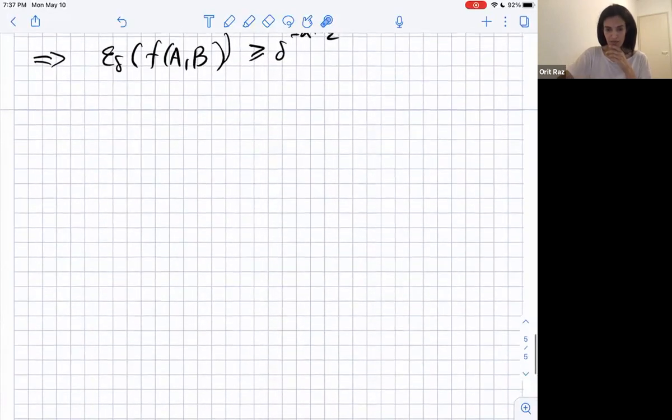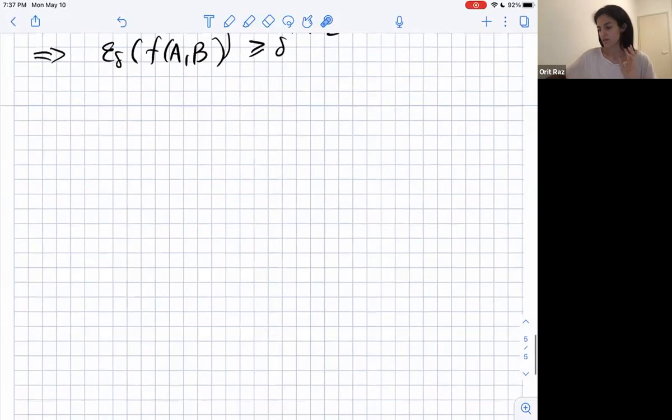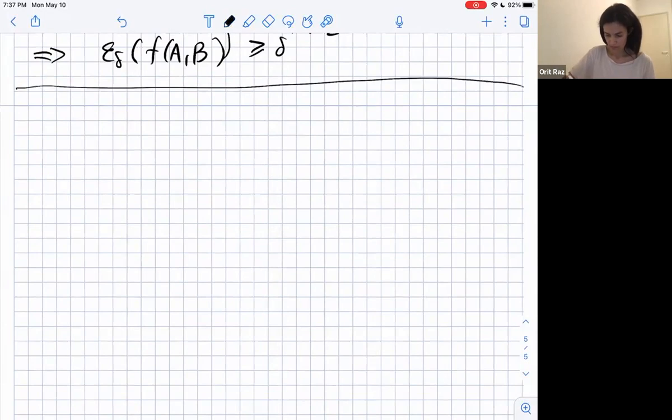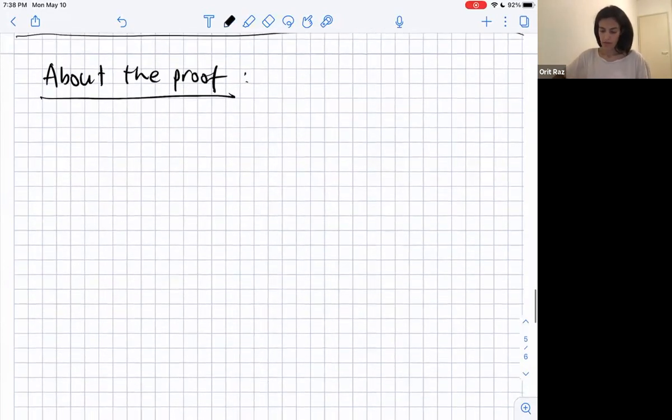Any questions so far? So I want to talk about the proof of this. Some remarks about the proof. So again, we have a polynomial f of two variables.